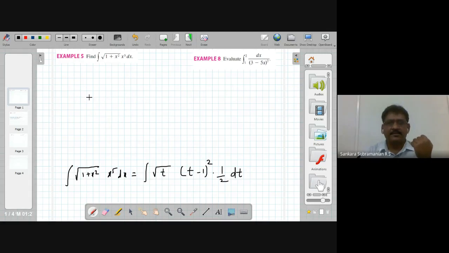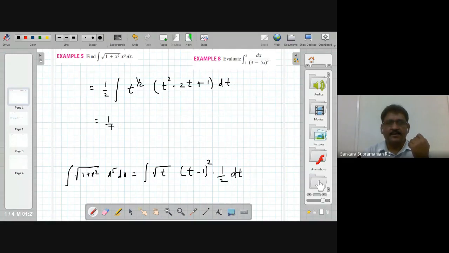So this is equal to, you can take 1 by 2 out, right? And if you go with the a minus b the whole square formula, you get t square minus 2t plus 1 into dt.